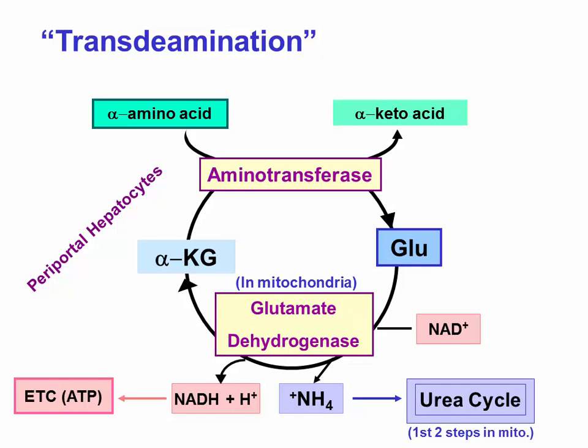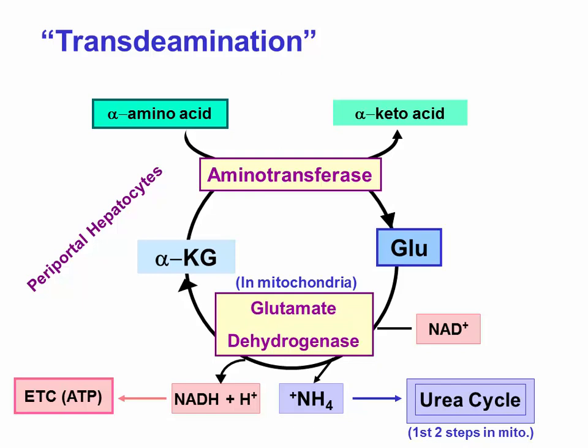hepatocytes. That's very nice. When you have the same location, you tend to have coordinate regulation of enzymes and you have more streamlined processes, okay? So the fact that glutamate dehydrogenase and the first 2 steps of urea synthesis happen in the mitochondria of periportal hepatocytes is an important point. So again, in the fed state, we're making glutamate.